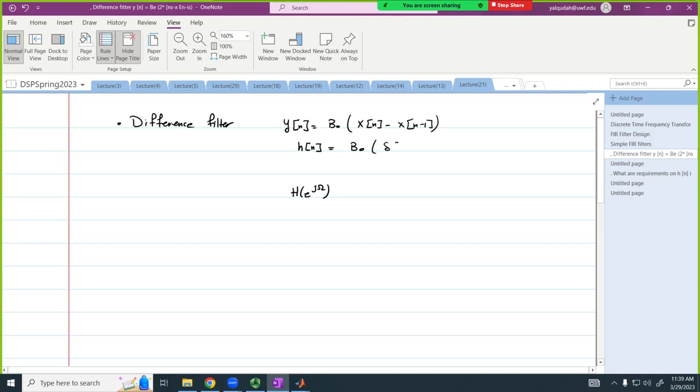This is going to be delta of n minus delta of n minus 1. And therefore, H of z is going to equal b0 multiplied by 1 minus z to the negative 1. And therefore, we can get H of e to the j omega, which is going to equal b0 multiplied by 1 minus e to the negative j omega.